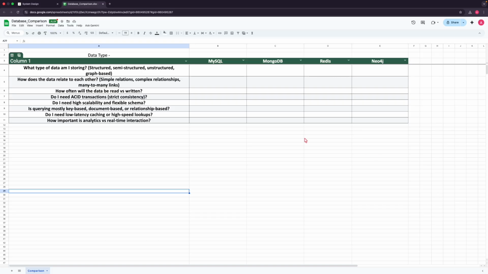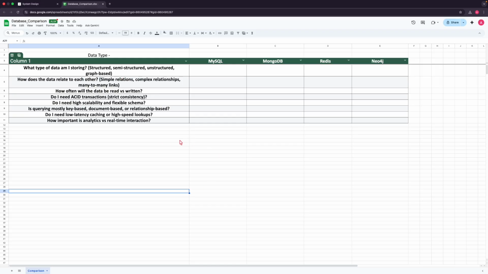The process is, first of all, we define what data we are trying to store, and then we answer all these questions by adding a score to each database. Let me start from the first question, and you will understand what we are doing here.